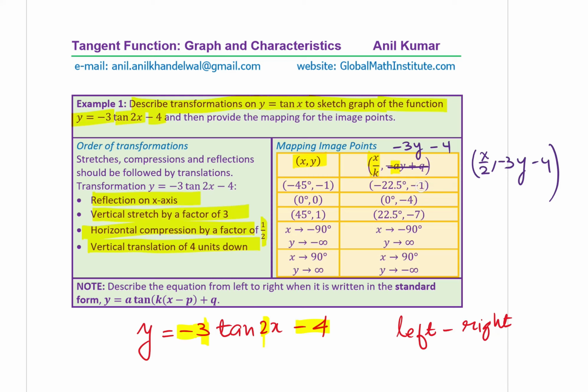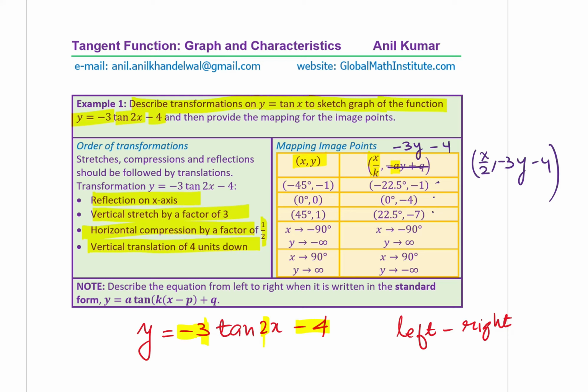So that's how you get this point. For 0, half is 0, and when you multiply 0 by negative 3, it is still 0, but minus 4 will be there. So for 45 degrees, 22.5 is half of it, and the y value of 1 multiplied by minus 3 gives you minus 3, and minus 4 is minus 7. So these become the 3 transformed image points of the given points.